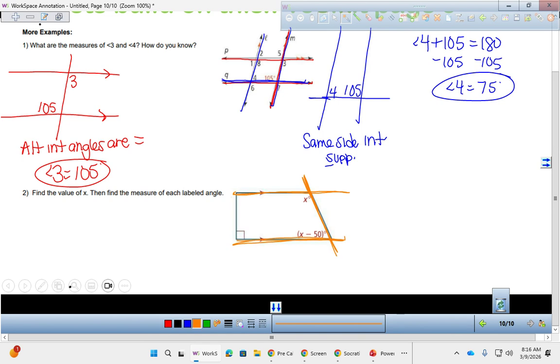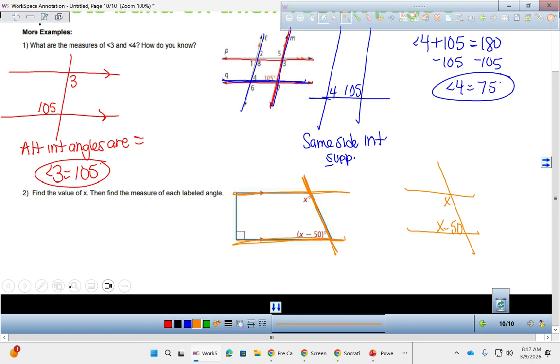And I like to extend it a little bit because I think it's helpful to see it the way we're used to. So if I were to redraw this image, this is x, and this is x minus 50. If I need to solve for x, I need to make sure that all of the x's are in my picture.